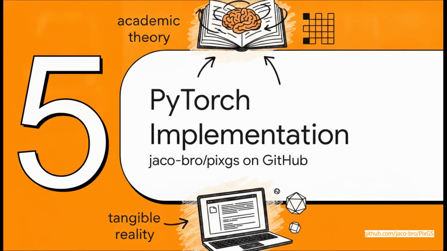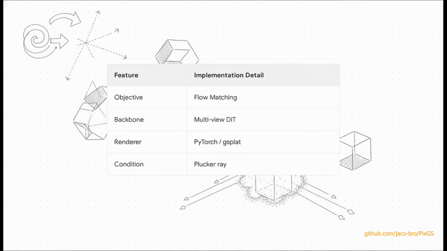Basically, the AI is relentlessly double-checking that every tiny ridge, texture, and structural detail is geometrically flawless from every possible angle. Moving on to Part 5, the PyTorch implementation. This is where academic theory meets tangible reality. We've got a minimal, entirely self-contained PyTorch implementation that is packed with advanced features designed specifically for you to experiment with the core ideas of the paper.